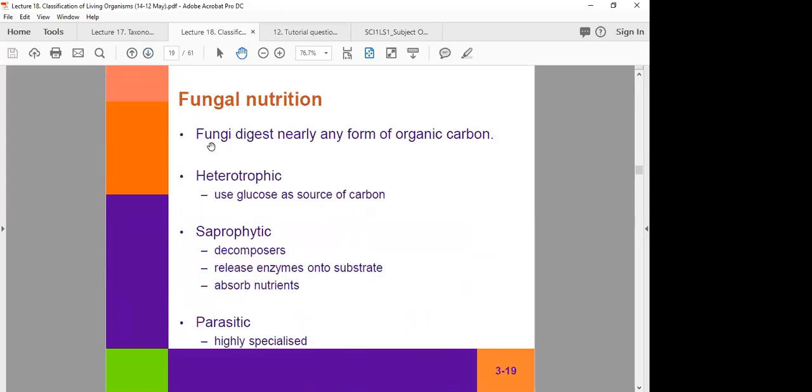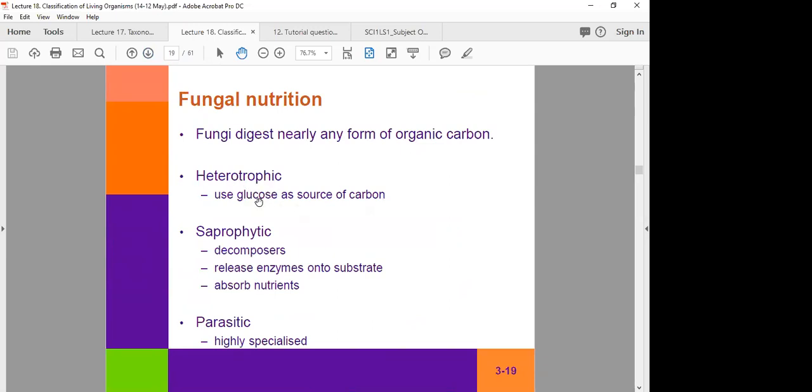Okay, fungal nutrition. Fungi digest nearly any form of organic carbon, which is a good thing. They're one of our major groups of decomposers. And fungi, in fact, are the only group of organisms that are known to digest lignin. So you remember that phenolic compound called lignin, which plants form, particularly in secondary cell walls. Fungi can actually break down lignin. Fungi are heterotrophs.